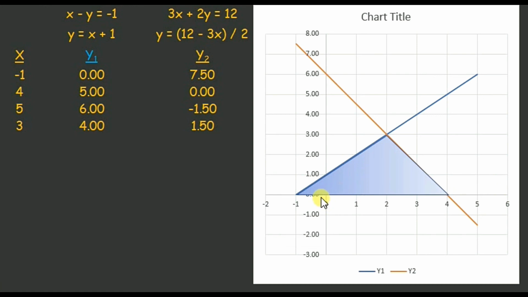Now, the vertices: this point and this point. This vertex here is x is negative 1, y is 0. This point here, x is 4 and y is 0. And the third point here, the point of intersection, is x is 2 and y is 3.